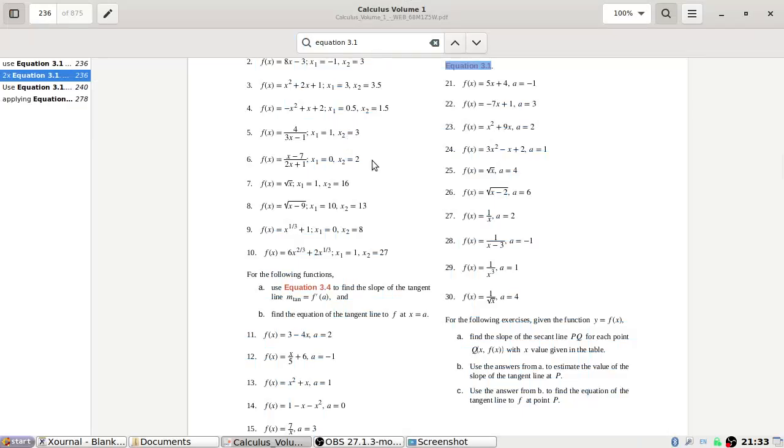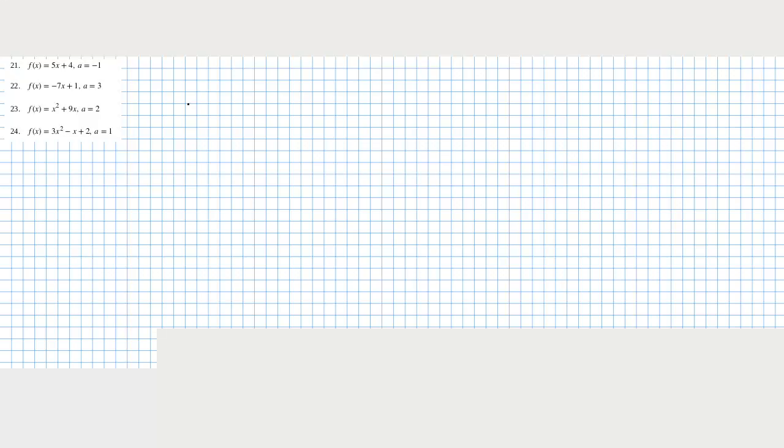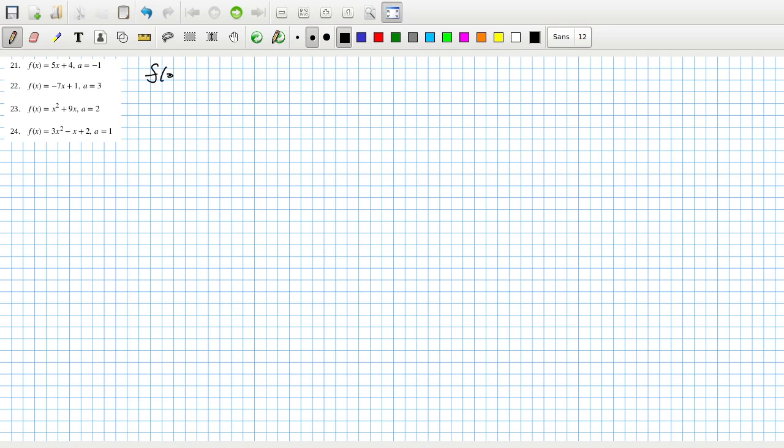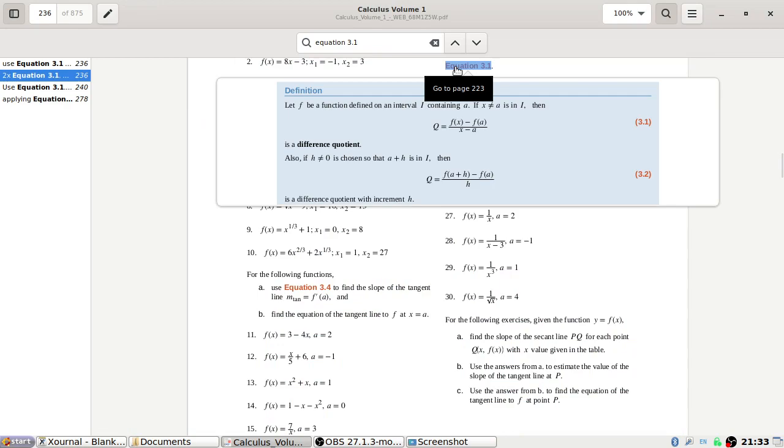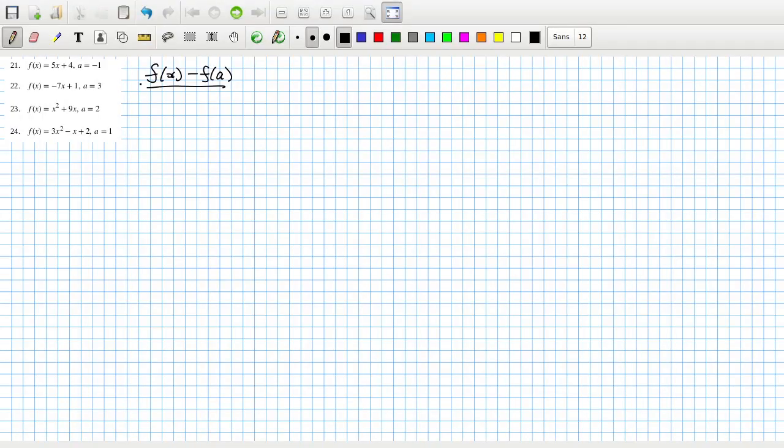We're told we want to use the formula f(x) minus f(a) over x minus a. All right, let's see. So for 21, that would be 5 times x plus 4 minus f(a).